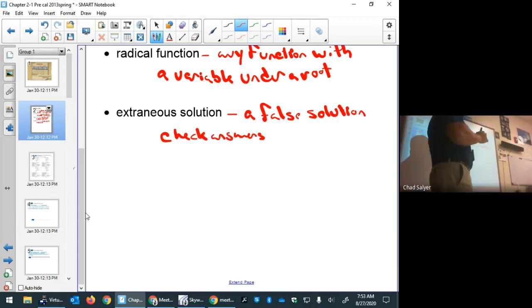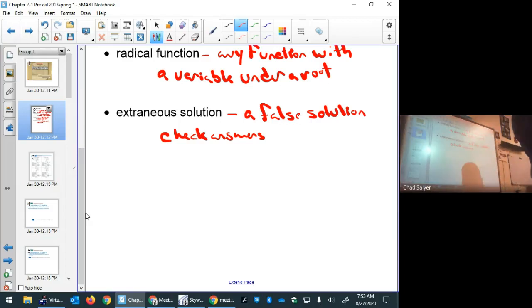In other words, plug them back in when solving radical equations. There's a quiz question where one of your answers is going to be extraneous. It's multiple choice, so I'm going to put the extraneous solution in there as a potential solution. Even telling you that, I bet some of you still get it wrong.